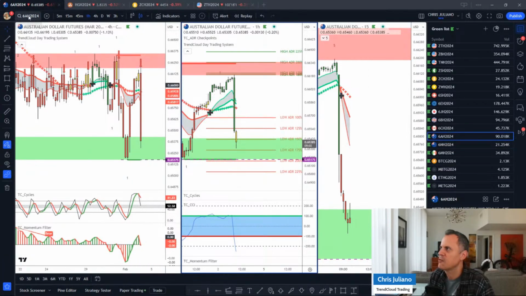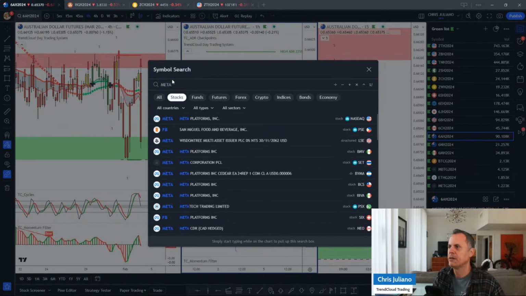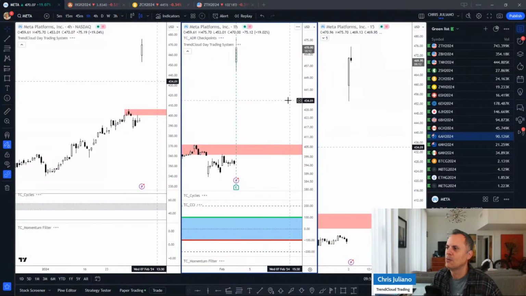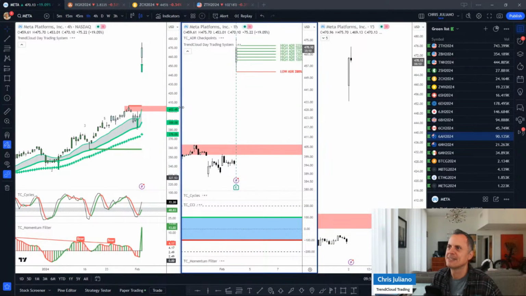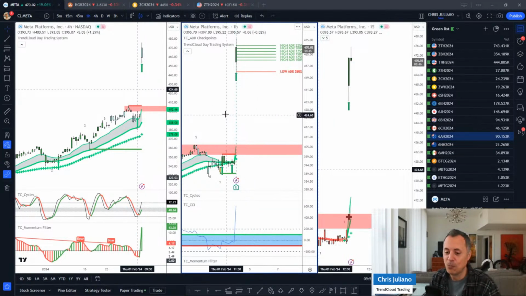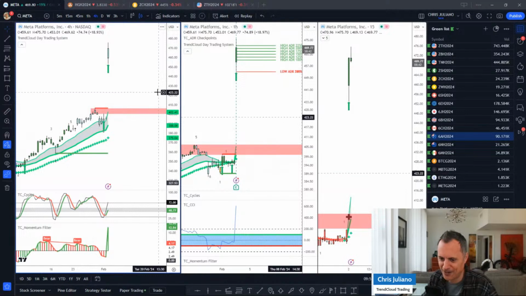Meta and Amazon stocks. Go back to Meta. Woo! What in the world? Graham, what's going on here?